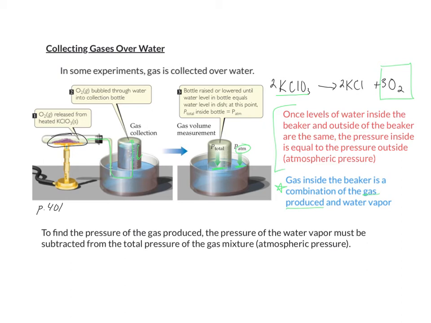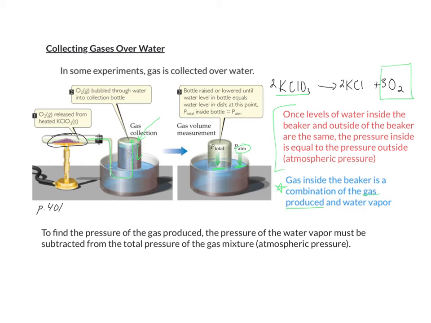You may have seen something like this if you had a half-consumed water bottle and you left it out for a while. When you come back, it may have condensation on the sides of the bottle, up in the empty space where the air is. That's because there was once water vapor there and it then condensed on the sides. So there's water vapor above every body of water. And that's true inside the beaker. So right here, where that O2 is being collected, there's also water vapor.